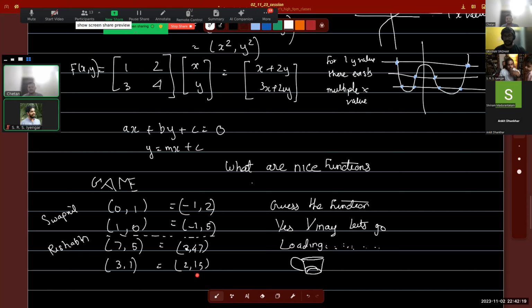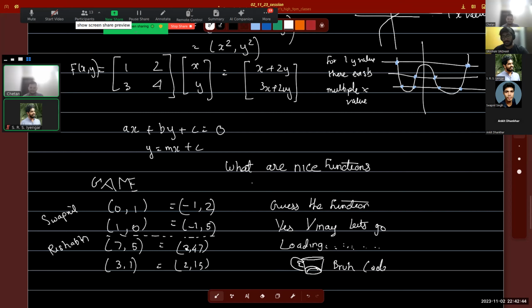Now, guys, Rishabh, Swapnil, you will have to tell us what the function is. That was the deal. You give us inputs, we give you output, then you guess what the function is. The function is like a matrix you can write.